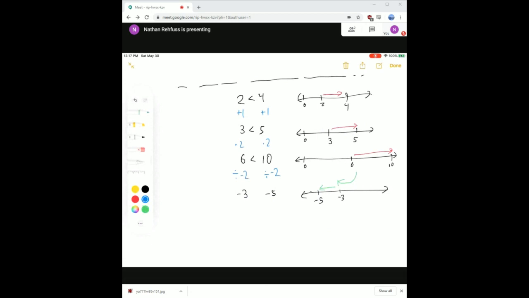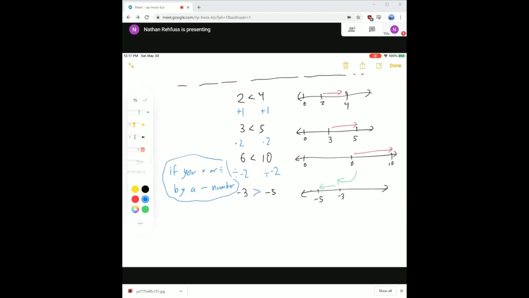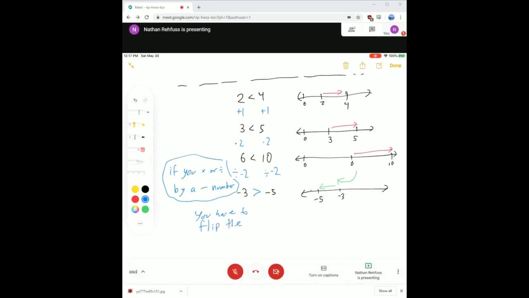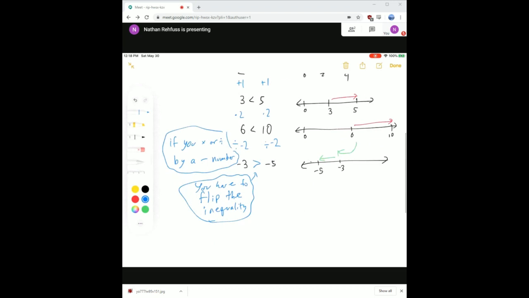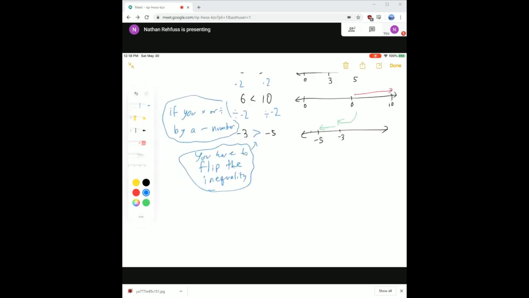So if you multiply or divide by a negative number, then you have to flip the inequality sign. So that's anytime you multiply or divide by a negative number. Adding or subtracting a negative number is fine, but when you multiply or divide, it's like the whole number line flips over. So anything that was to the left is now to the right and vice versa. Otherwise, other than that one detail, inequalities work just the same as equations.